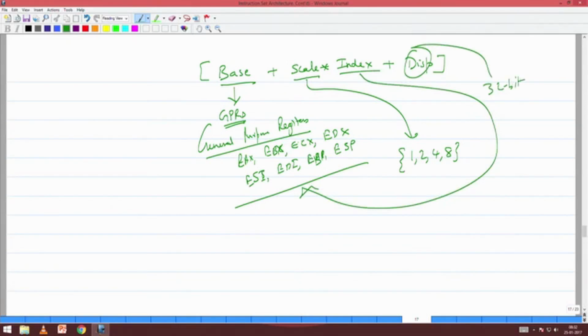And I could have combinations of this. I could have just base alone, I could have displacement alone, I could have scale into index alone, I could have just index, I could have base plus scale into index, I could have scale into index plus displacement, I could have base plus displacement, all possible combinations.